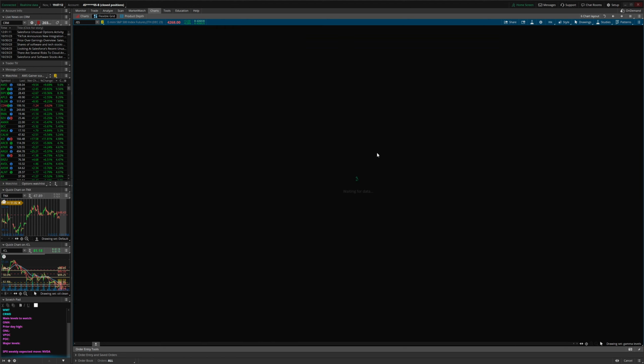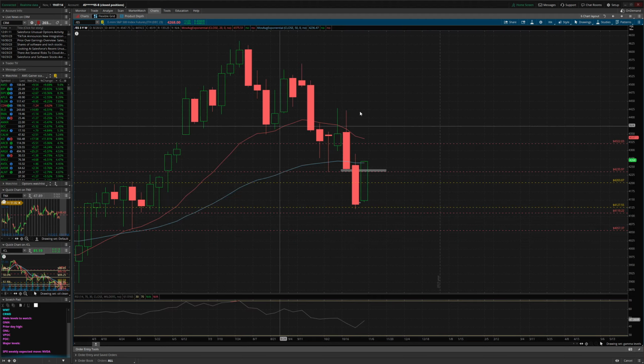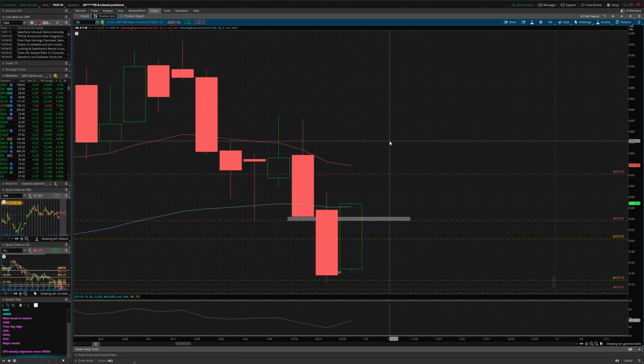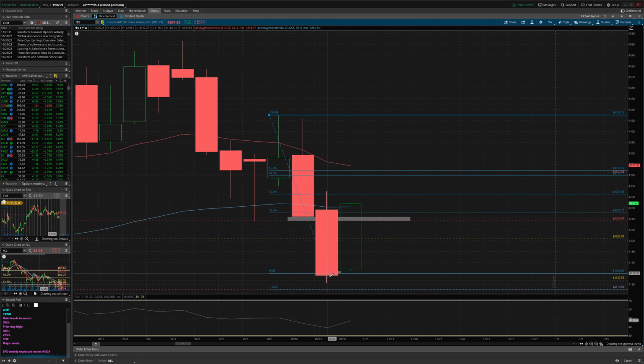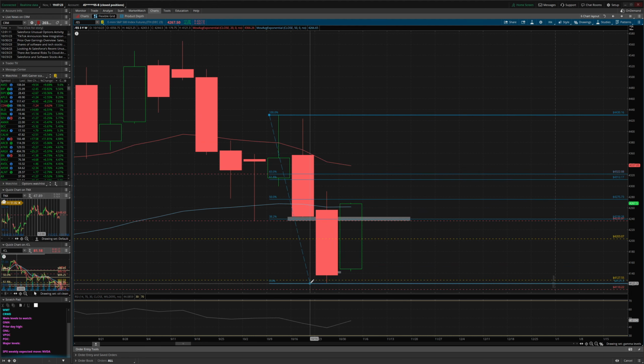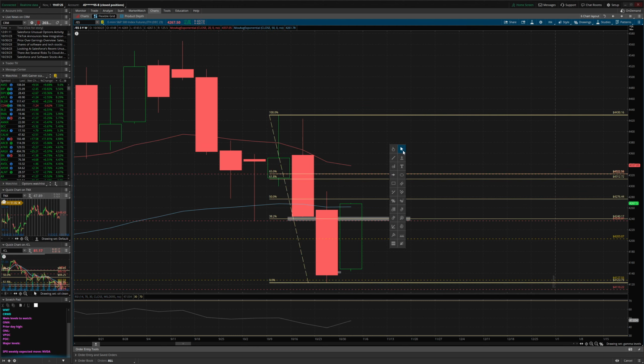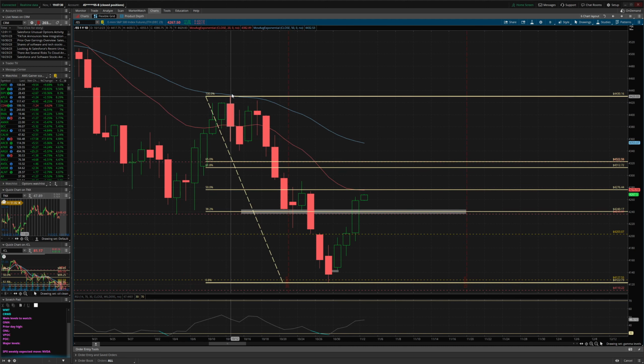Basically, it's gonna start from the last lower high that we have on the chart to the last lower low right here, and we're gonna expand this to the daily, and it's gonna be at the highs of this candle into the lows of this candle. Something that I find very interesting on this chart is that the 50% of this drop is aligning with the daily 20 MA.